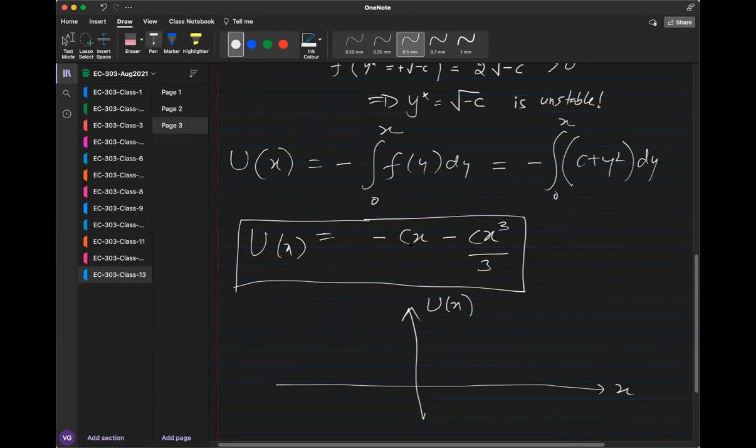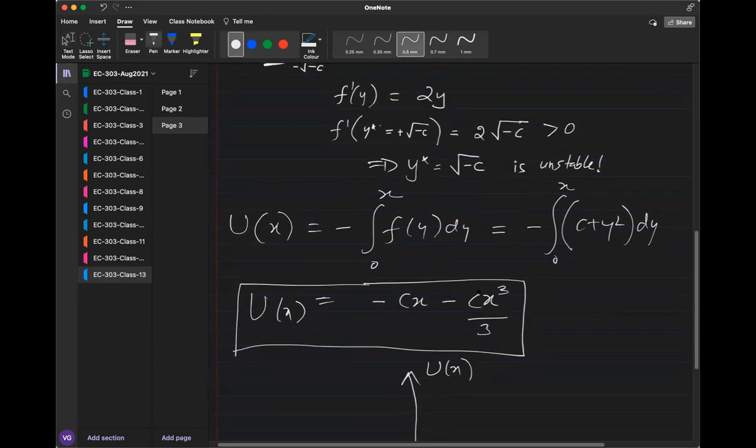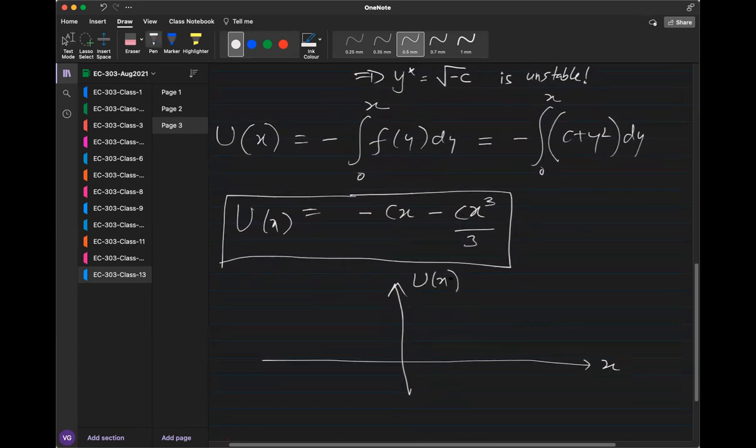In such a case, the entire thing can be thought of as minus x plus x cubed by 3. Okay, I have made a mistake, which is that's correct. Yeah, x plus x cubed by 3 with a negative sign. So how will this look now? Consider c negative, which is when we have two roots.